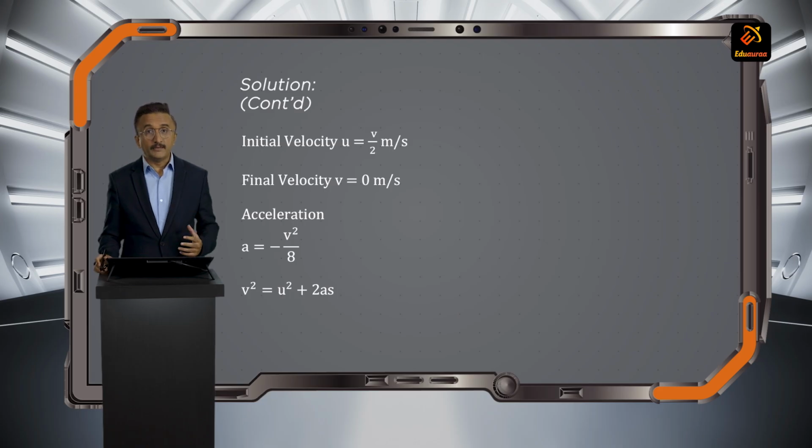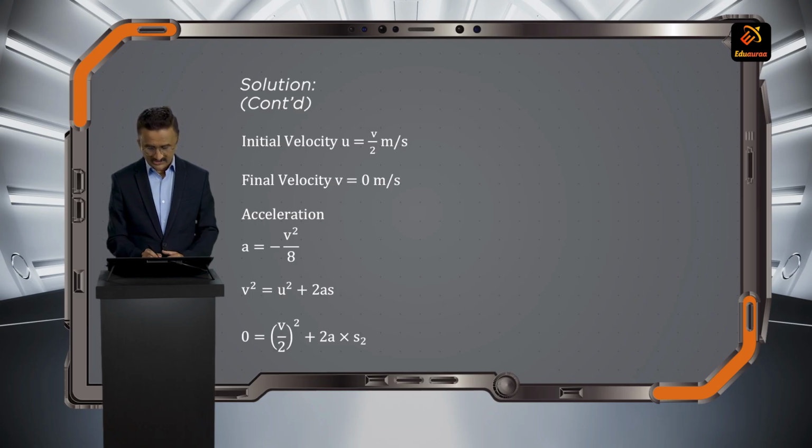When the body comes to rest finally, the final velocity is 0. So it is 0 square is equal to u square, where u is the initial velocity, that is v by 2, so it is v by 2 the whole square, plus 2a into S2. So I have to find out this S2.